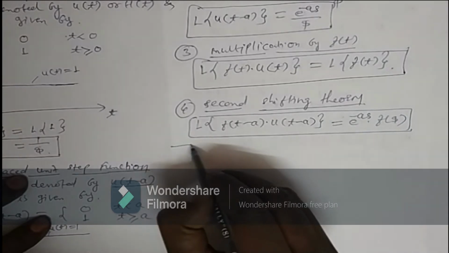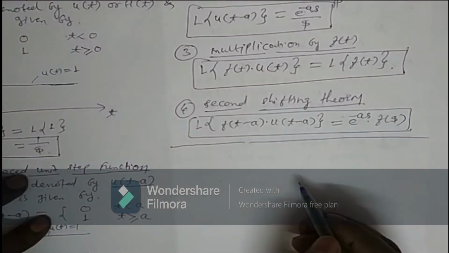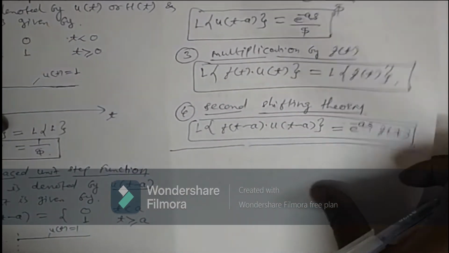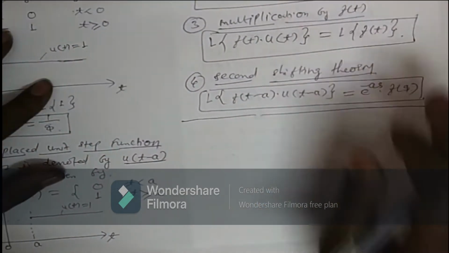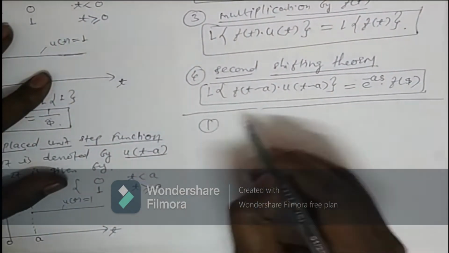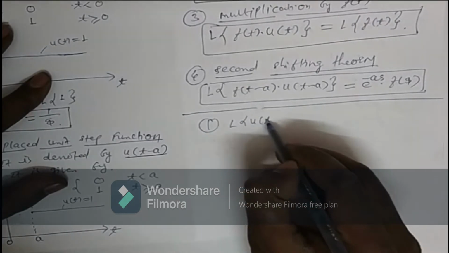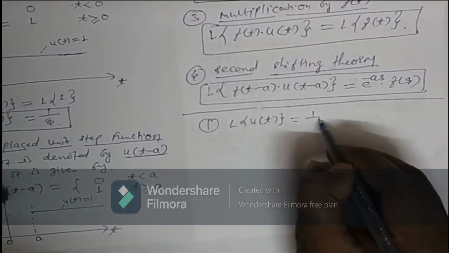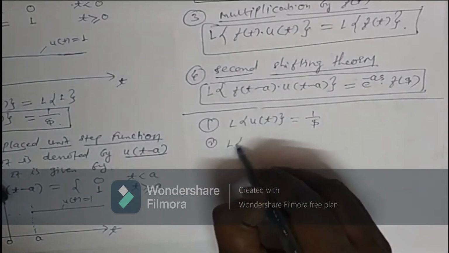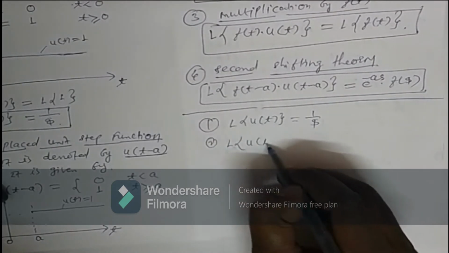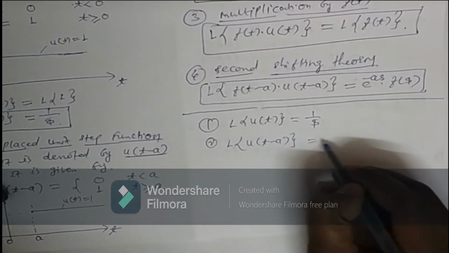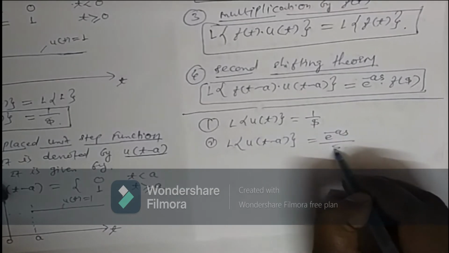So overall we have seen 4 formulas here that we have to remember for solving the numericals. First, the Laplace transform of u of t is equal to 1 upon s. Second, the Laplace transform of u of t minus a is equal to e raised to minus as upon s.